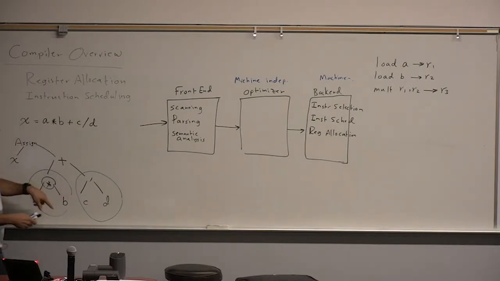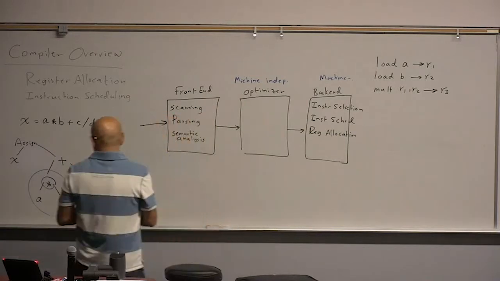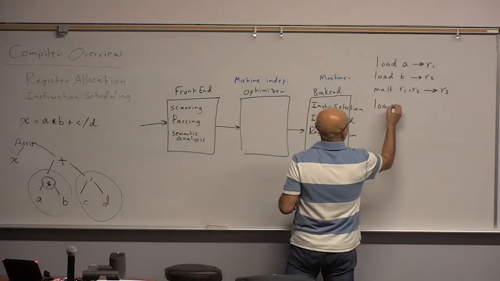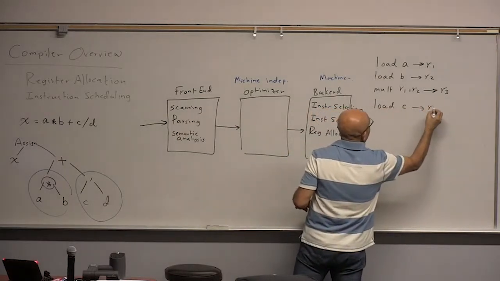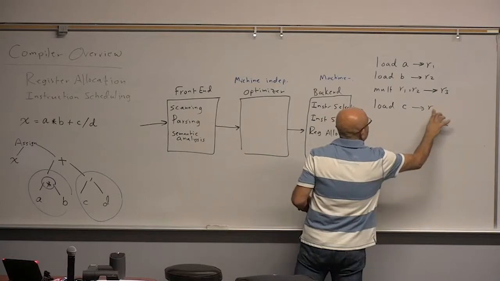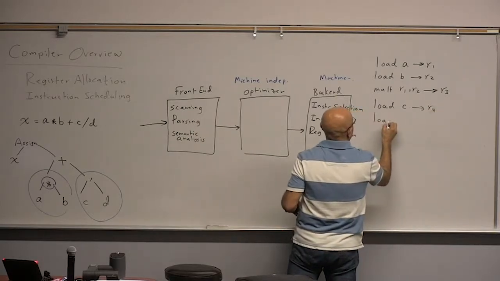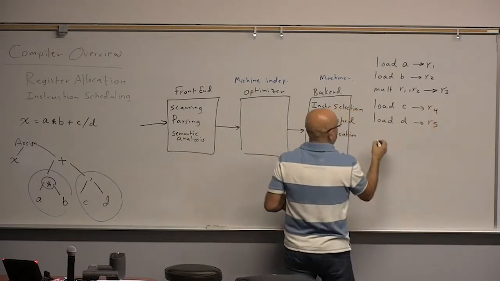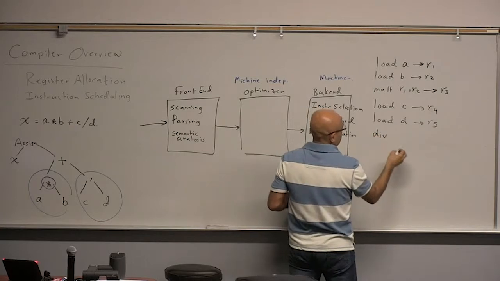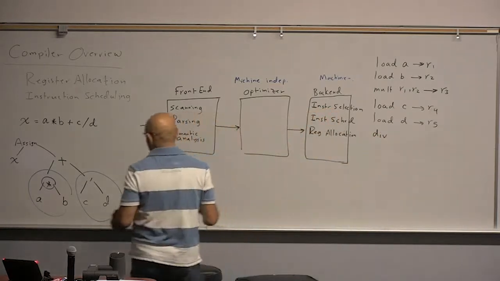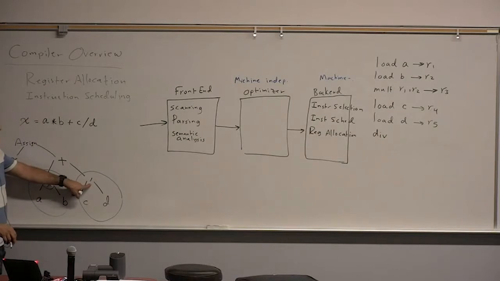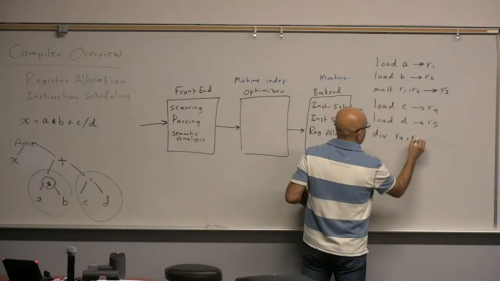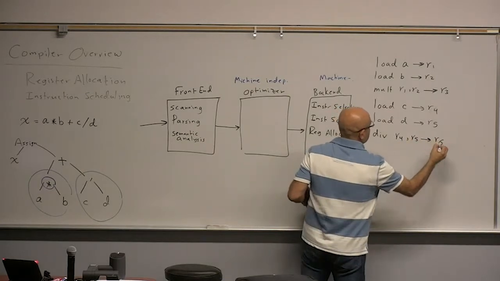Then when we get to the multiply, you multiply register 1 with register 2, and then you load C into register R4, sorry, and load D into register R5, and divide R4 and R5, and put the result in R6.